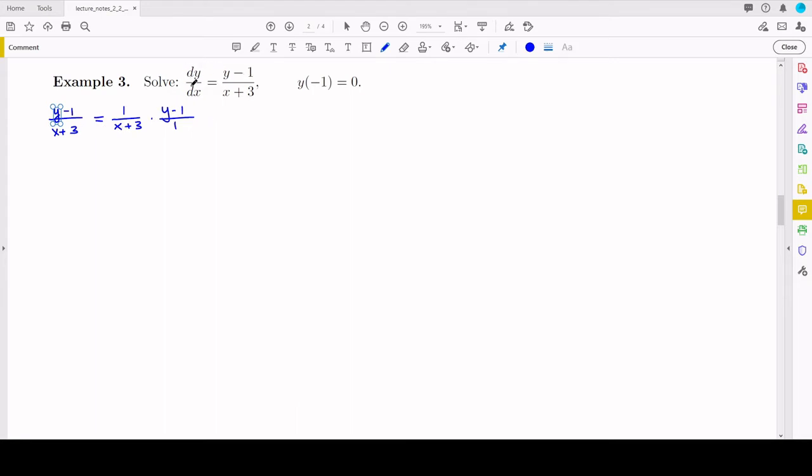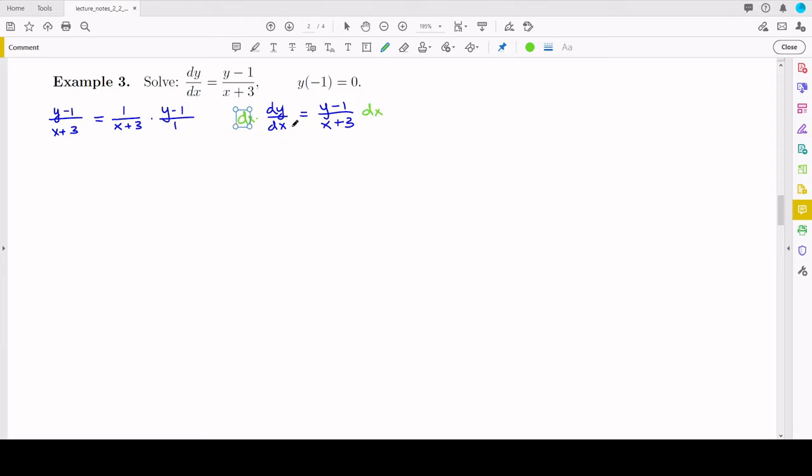Let's take a look at this differential equation. We have dy/dx equals (y minus 1) over (x plus 3). Our first step here is to multiply both sides times dx.